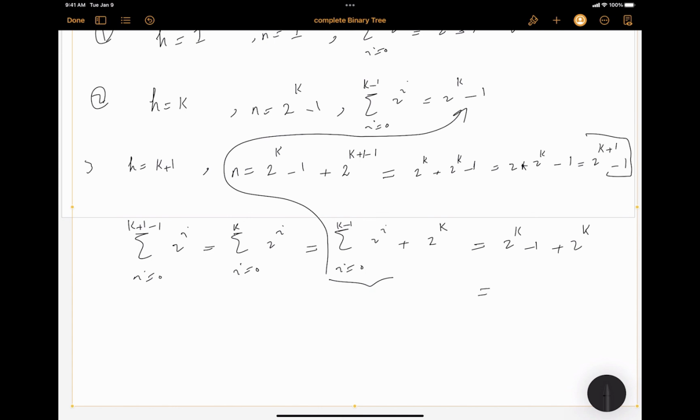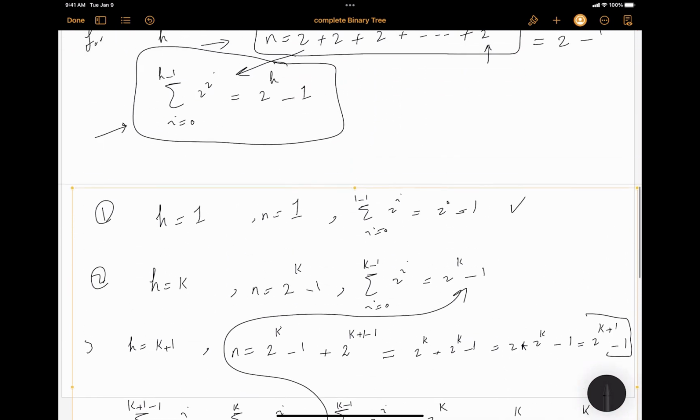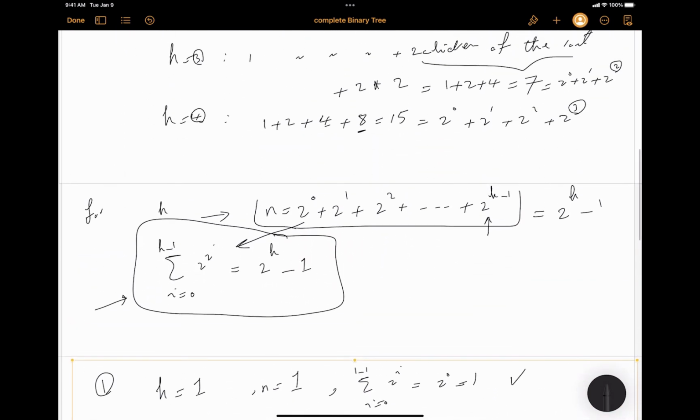And again, it is equal to 2 times 2 to the power k minus 1, which is equal to 2 to the power k plus 1 minus 1. As you see here, both the left side and right side end up with the same expression, which is 2 to the power k plus 1 minus 1, which proves our theorem.